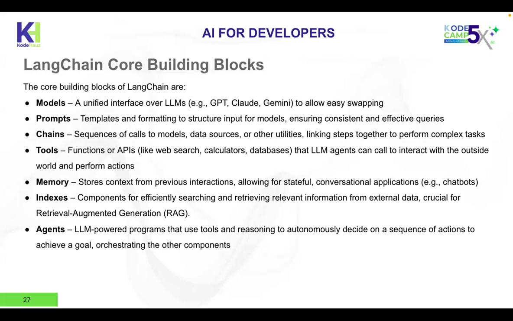Then prompts, like I said, allows you to manage prompts easily, and ensure that your prompts are structured, with a consistent interface. And there's also type hinting and type safe work that allows you to ensure that you're not making mistakes.